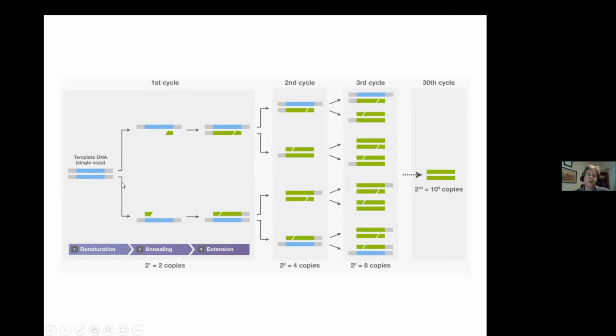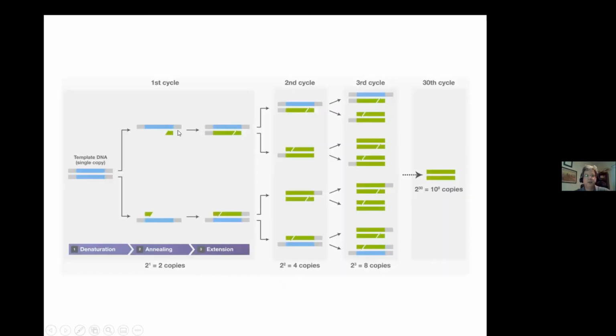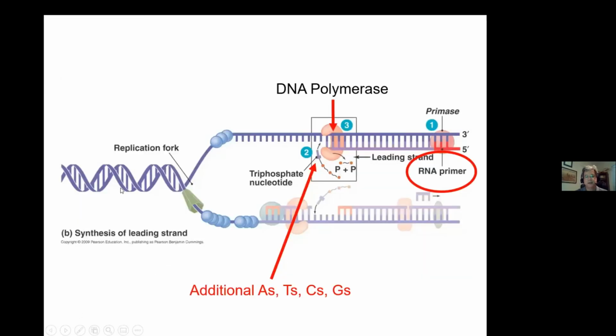we could have our template DNA, that's the old stuff, right? And we put that in a test tube, and then we put in a primer that we can build, and we put in all the A's, T's, C's, and G's, and we put in DNA polymerase, and we should be good to go, right? And so we just have to get the DNA apart, the two strands apart, like it does in the cell.